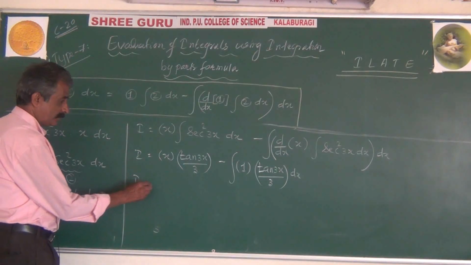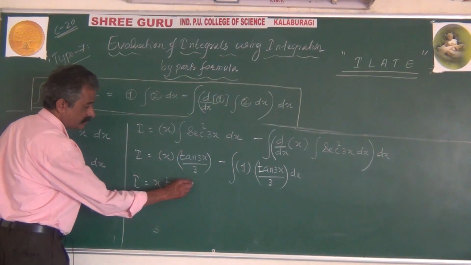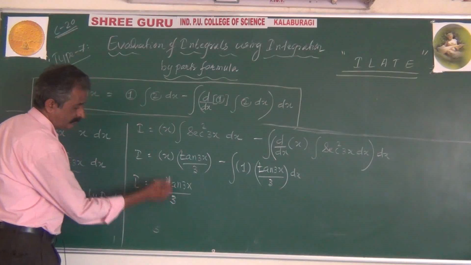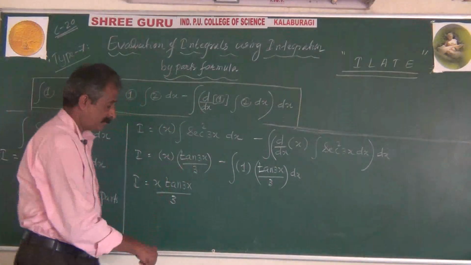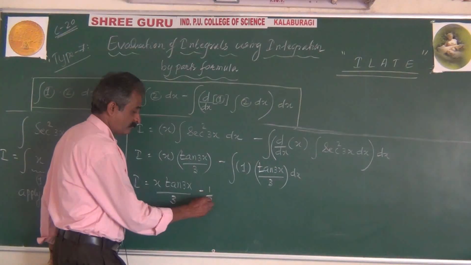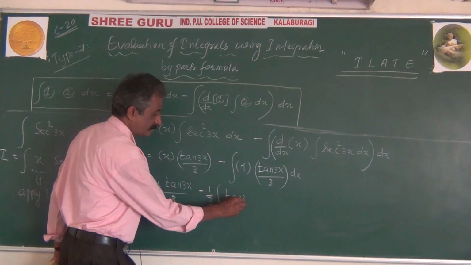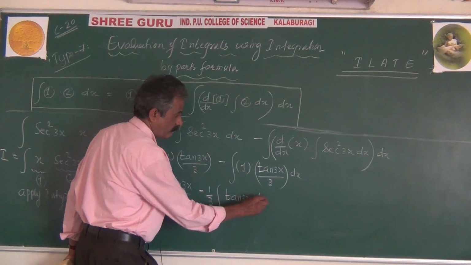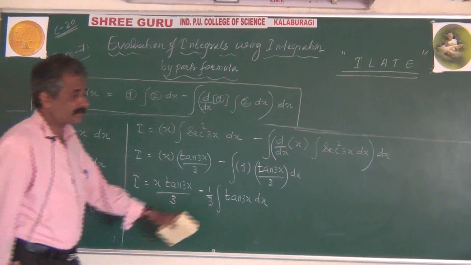Or I equal to x into tan 3x by 3 remains the same. 1 by 3 can be kept out of the integration. 1 by 3 into integration of tan 3x. Refer to the list of formulas.